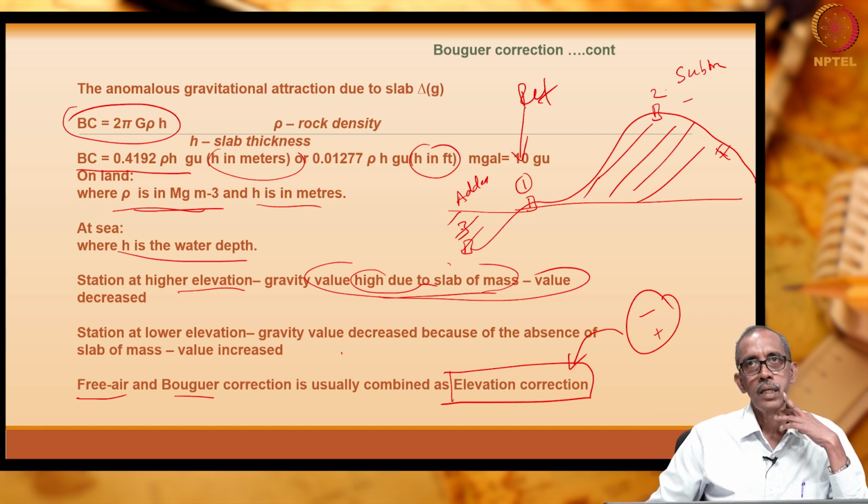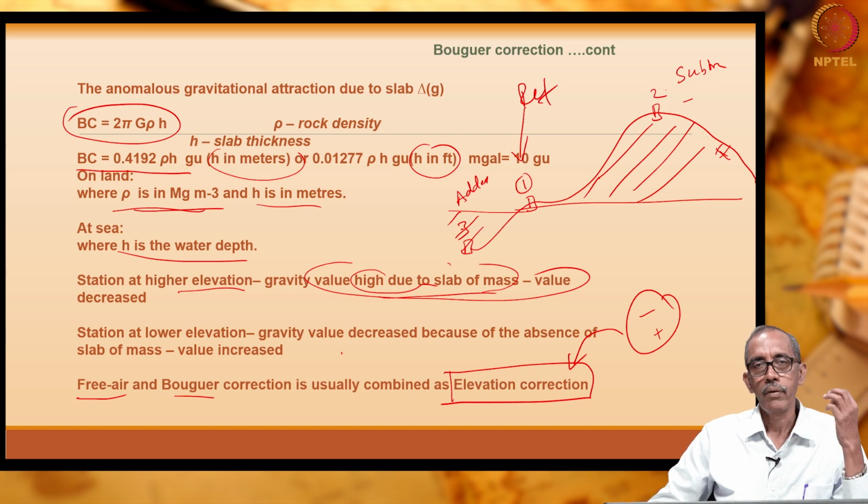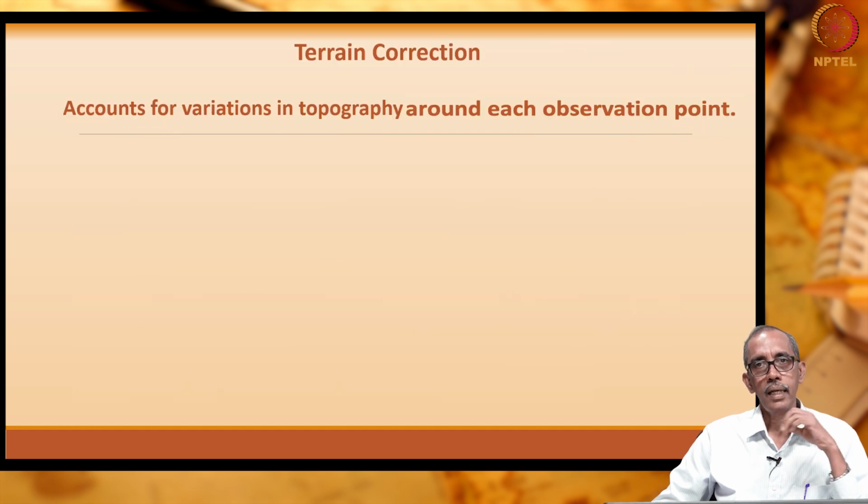Is it clear? So, we have seen first the latitude correction, number 2 the free air correction, and in this slide the Bouguer correction. Next is the terrain correction. This is very interesting. The topography around our measurement station also plays a role in the value which we have obtained.